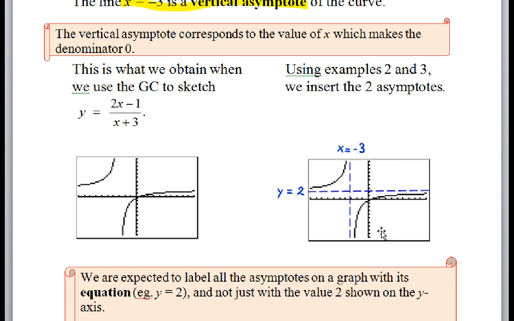I say again, the GC will not give you these dotted lines. You have to get them by analysis. All okay so far?